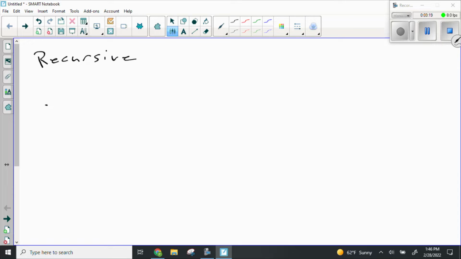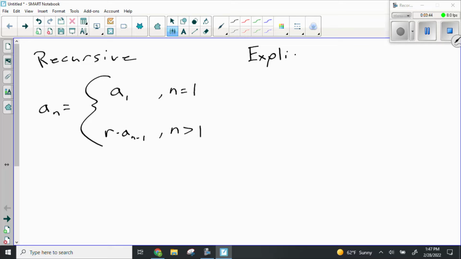It's like this: a sub n is equal to a sub 1, when n equals 1, and r times a sub n minus 1 for any n greater than 1. Our explicit definition is that a sub n is equal to a sub 1 times r to the n minus 1 power.